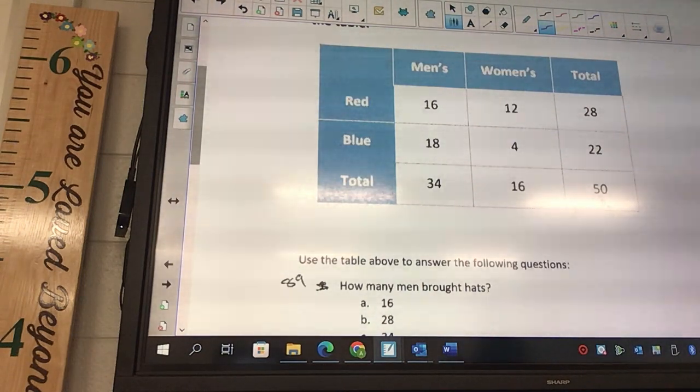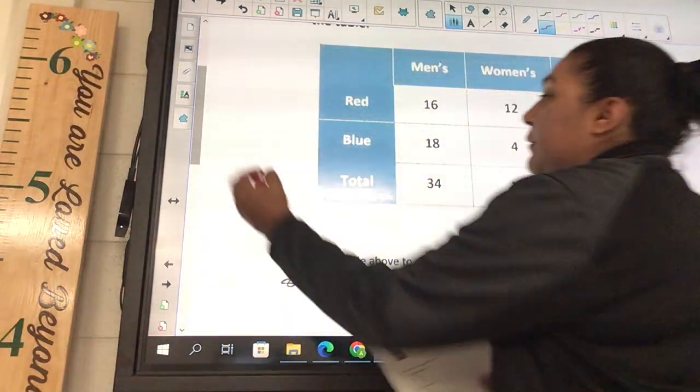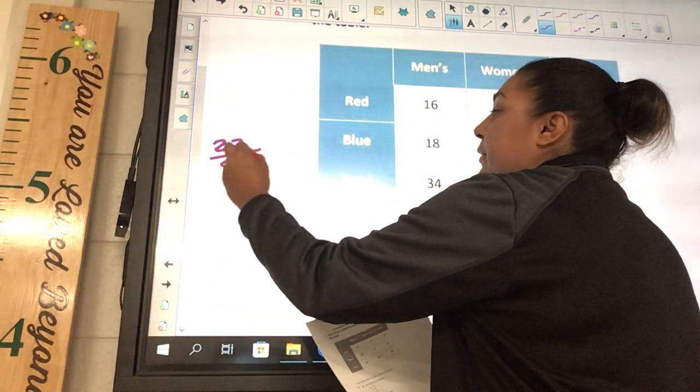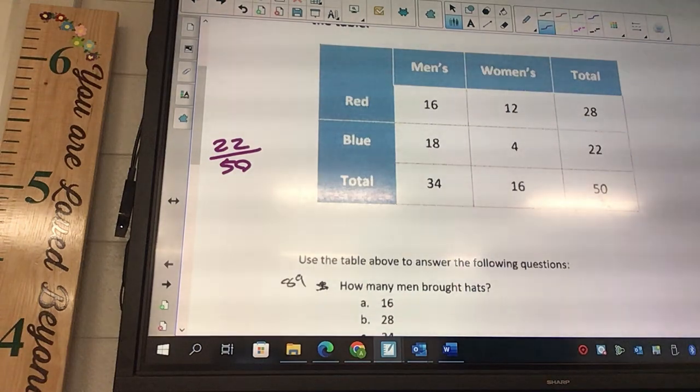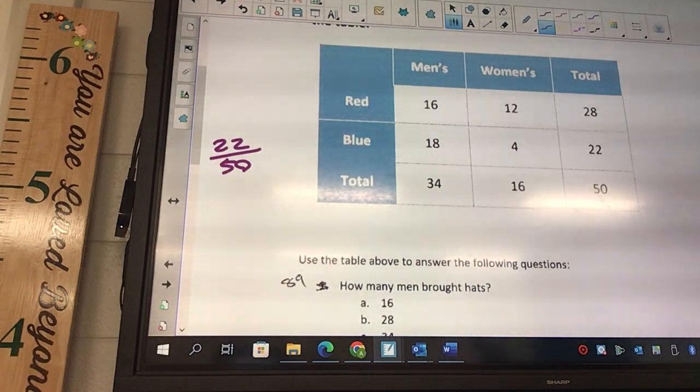So now, how many blue hats were sold? 22. How many hats were sold all together? 50. So you're going to type in 22 divided by 50. What is that? 0.44, which is what in a percent? 44%, which is A.